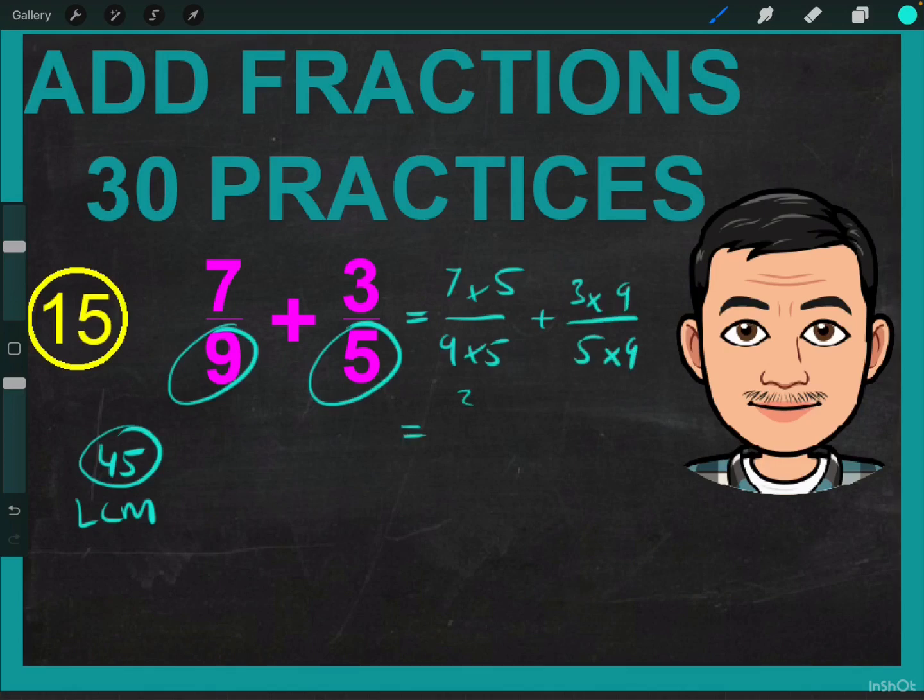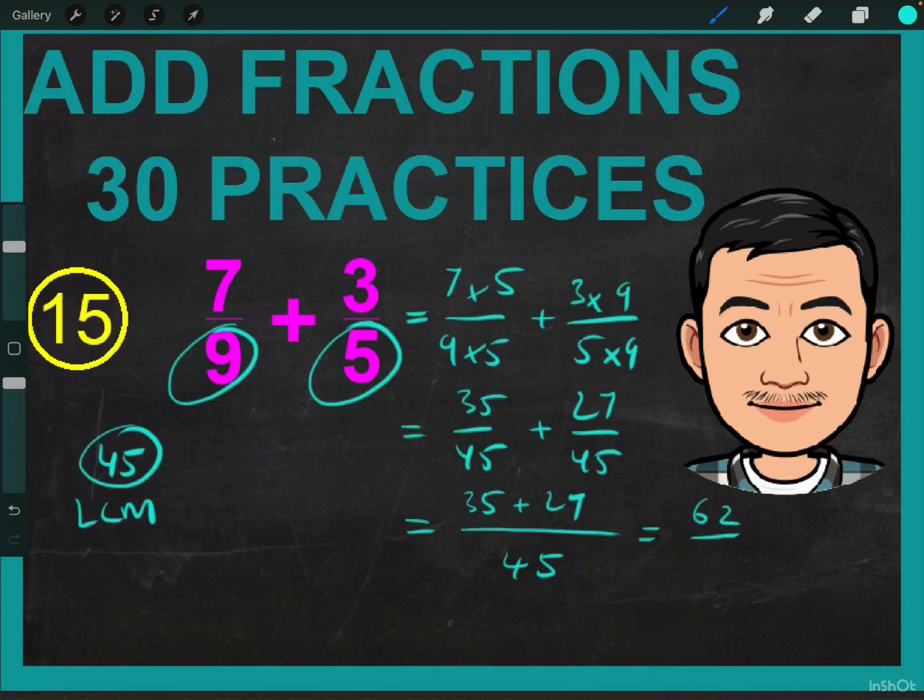So we got 35 over 45 plus 27 over 45. Now we have both fractions with the same denominator, so we just add 35 and 27. So we got 62 over 45 as the answer.